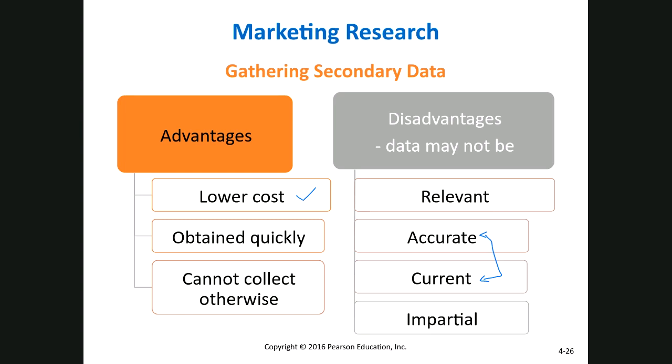You may know it or not, but they may ask leading questions because they're looking to get information of the type that they want. They're not just looking for impartial information. So those are some of the advantages and disadvantages of secondary data. That's data that already exists out there.